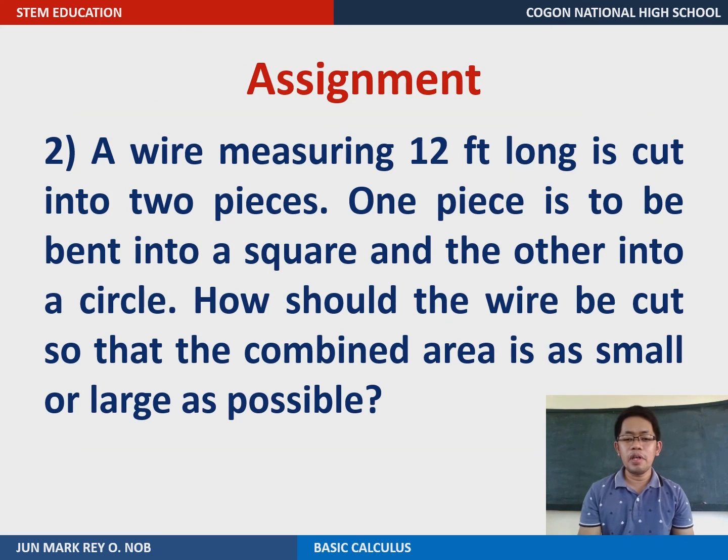Now for problem number 2 in your assignment, a wire measuring 12 feet long is cut into 2 pieces. One piece is to be bent into a square and the other into a circle. How should the wire be cut so that the combined area is as small or as large as possible?